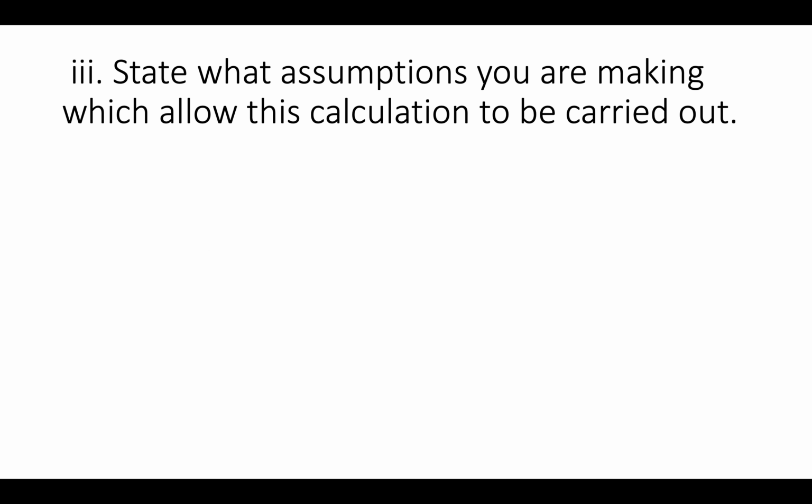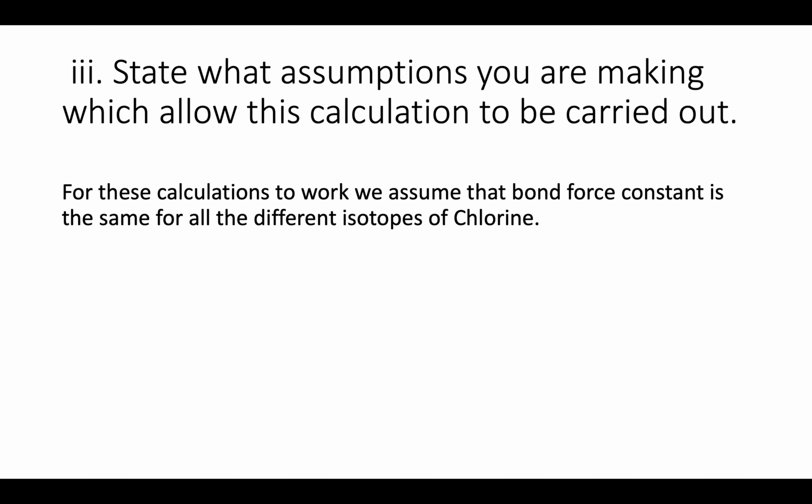Now part 3, the final part: state what assumptions you're making which allow this calculation to be carried out. For these calculations to work, we have to assume that the bond force constant is the same for all the different isotopes of chlorine.